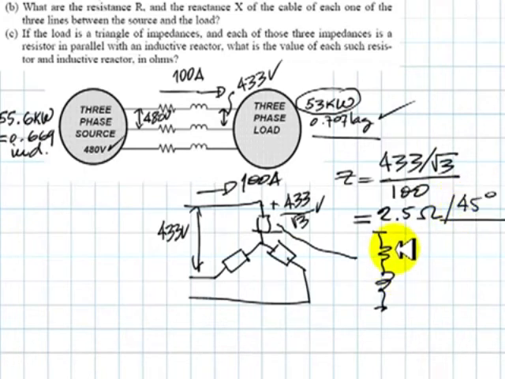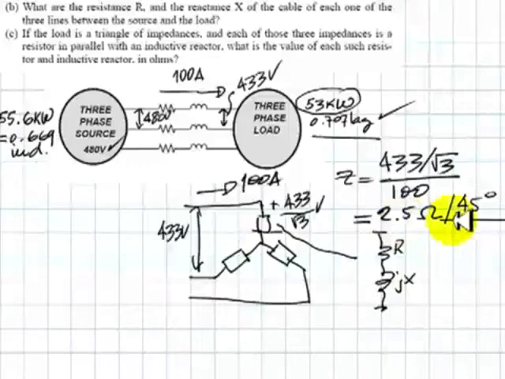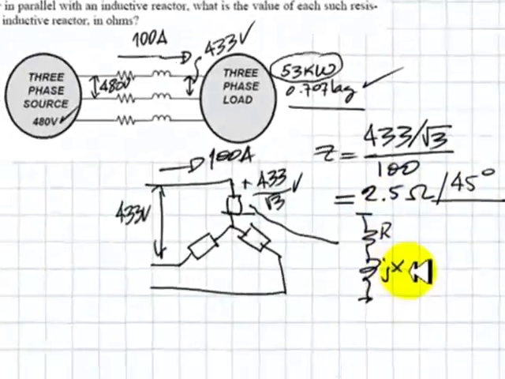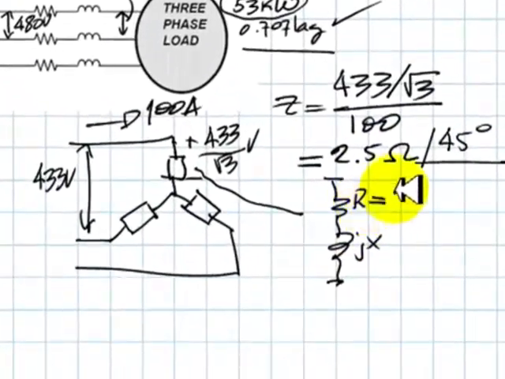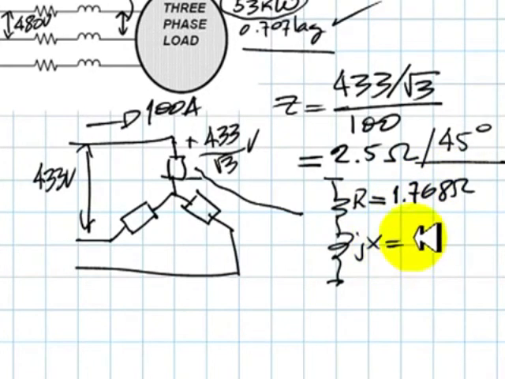So we know now what should be the value of R in series and jX in series. Each one of them has the same value according to the angle, and it's 2.5 cosine of 45 and 2.5 sine of 45 degrees. 1.768 ohms, and this is j1.768 ohms.